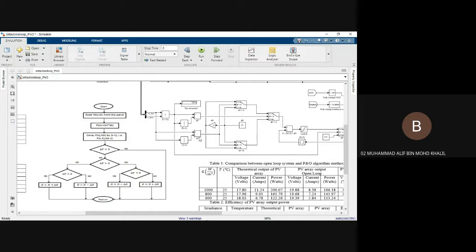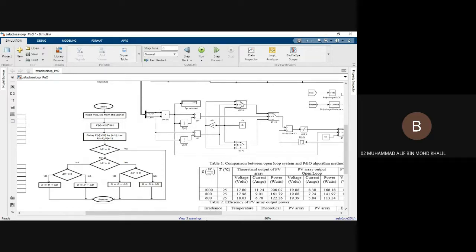So we got the delta V. Back here, if delta P is greater than 0, we use this rule, and we see if delta V is greater than 0. If delta V is greater than 0, for this one, we subtract delta D from the duty cycle.